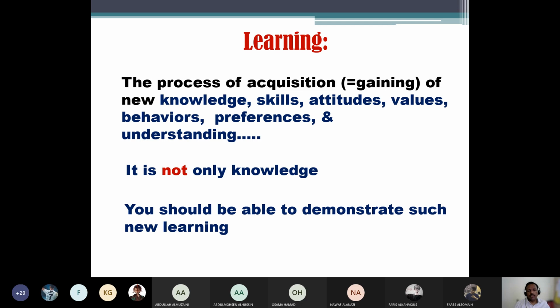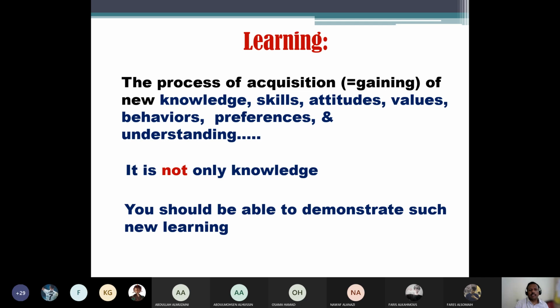I don't know the Arabic of all these things, so please, if someone can help to translate, because there is no translation in Arabic for these slides. Behaviors, preferences, and understanding are known as learning. So learning does not mean only remembering something. Learning means gaining knowledge, skills, attitudes, values, and behaviors, so that in future it will be changed.